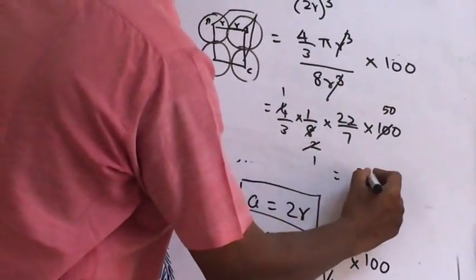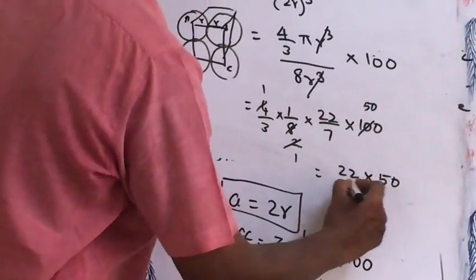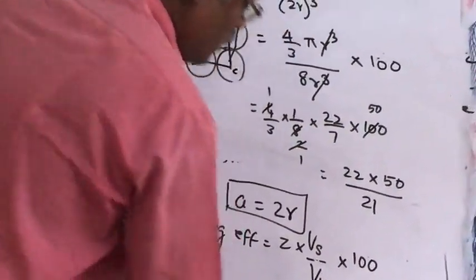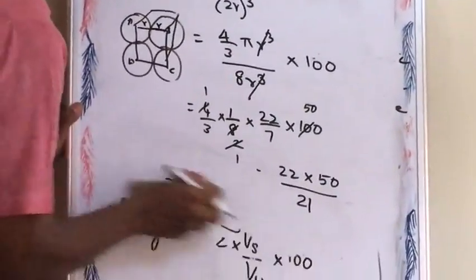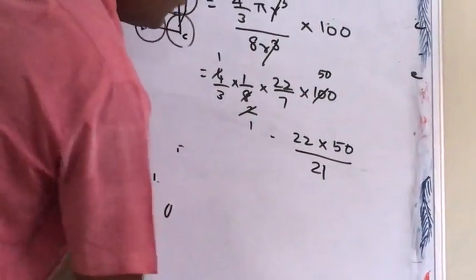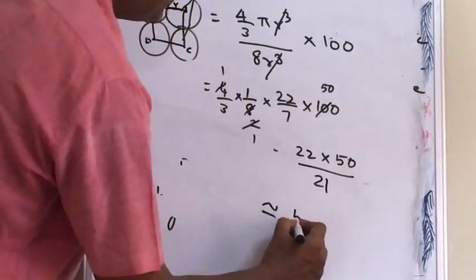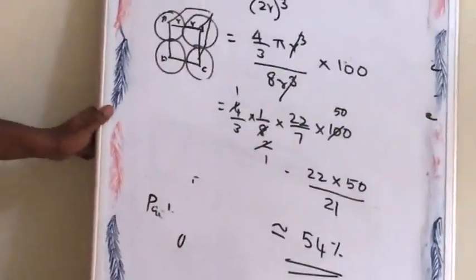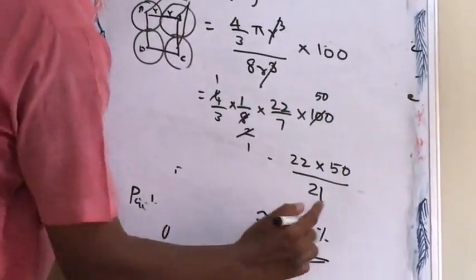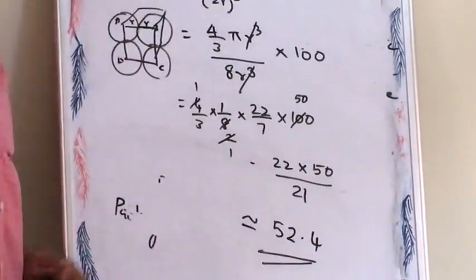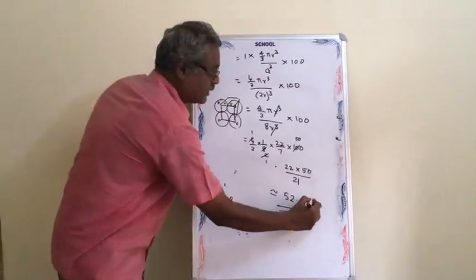So 22 into 50 divided by 21. 7 into 3 is 21. So this comes to approximately 52.4%. So this is the packing efficiency.